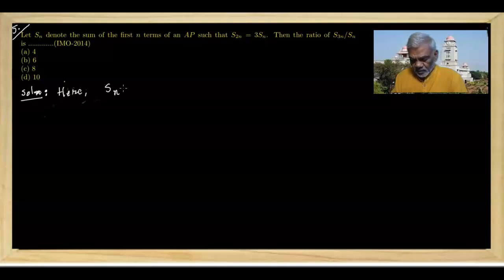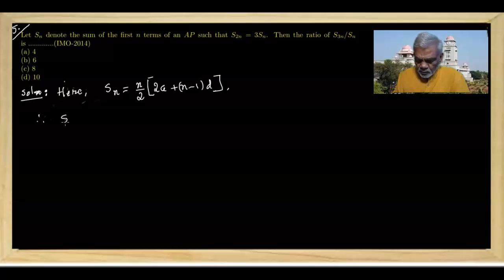The formula for the first n terms, we know, is n by 2 into 2a plus n minus 1 into d, and therefore S2n is equal to 2n by 2 into 2a plus 2n minus 1 into d.